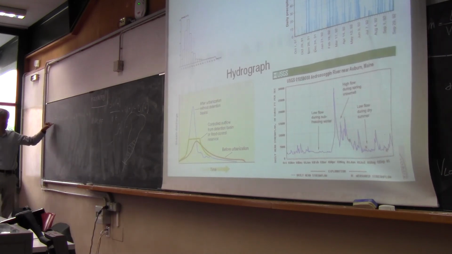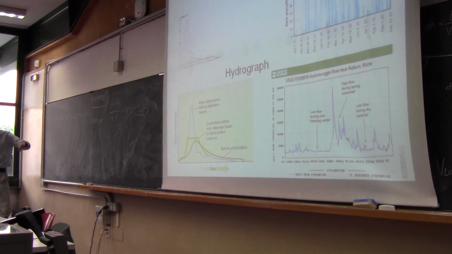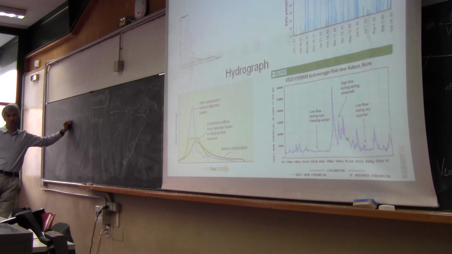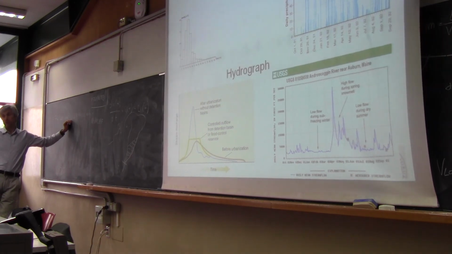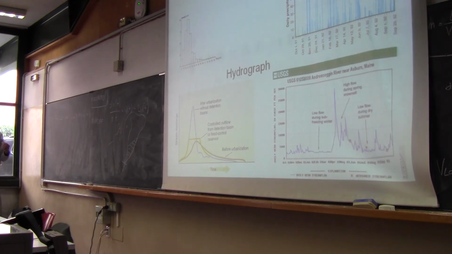So look here, 70,000 square kilometers of catchment area, and the peak flow, with peak flow I mean the flow that occurs on average every 100 years, is about 15,000.